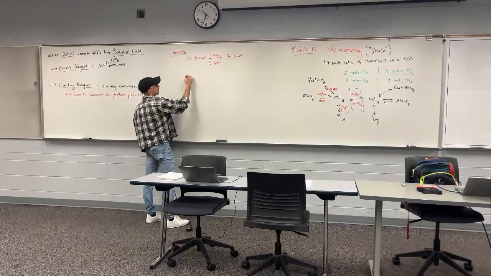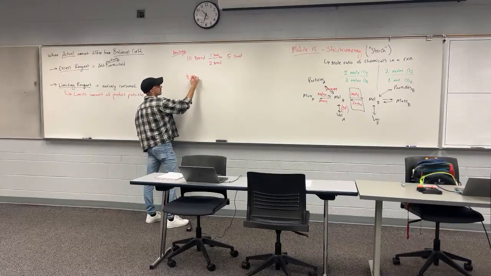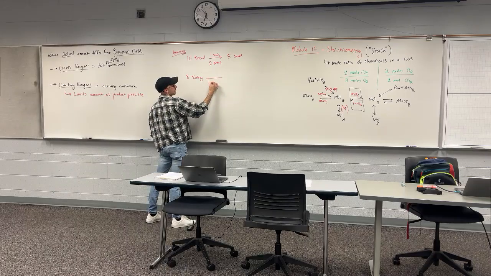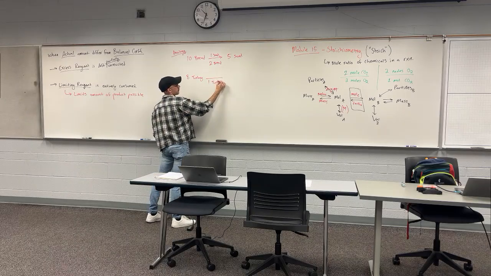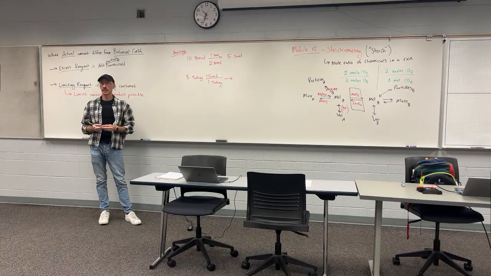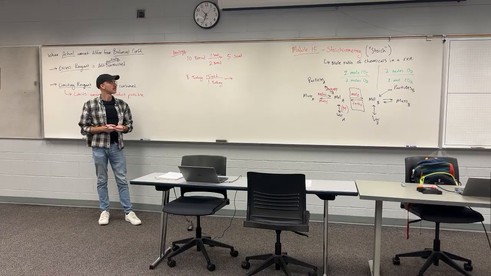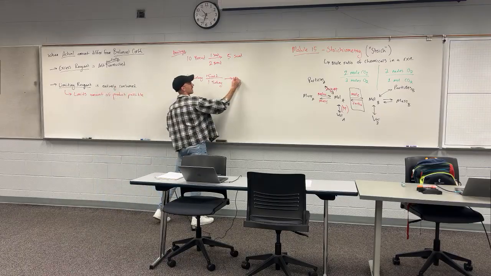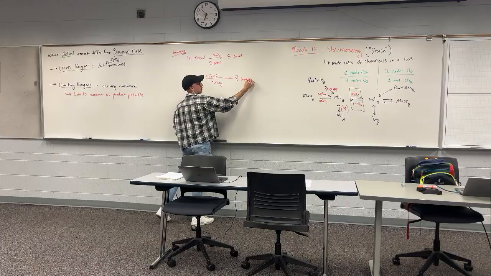And I have 8 pieces of turkey, and I need 1 piece of turkey for every sandwich. How many sandwiches can I make? With the turkey, I can make 8 sandwiches.